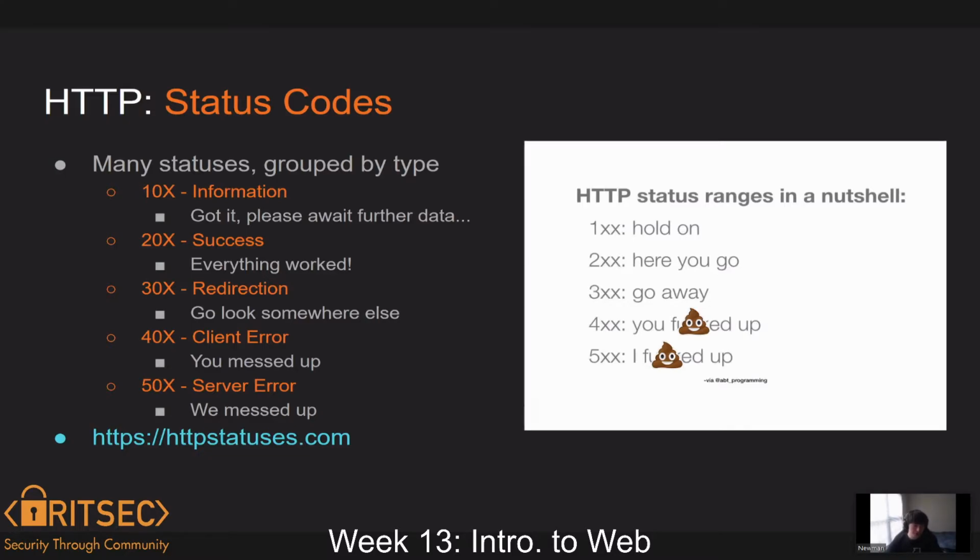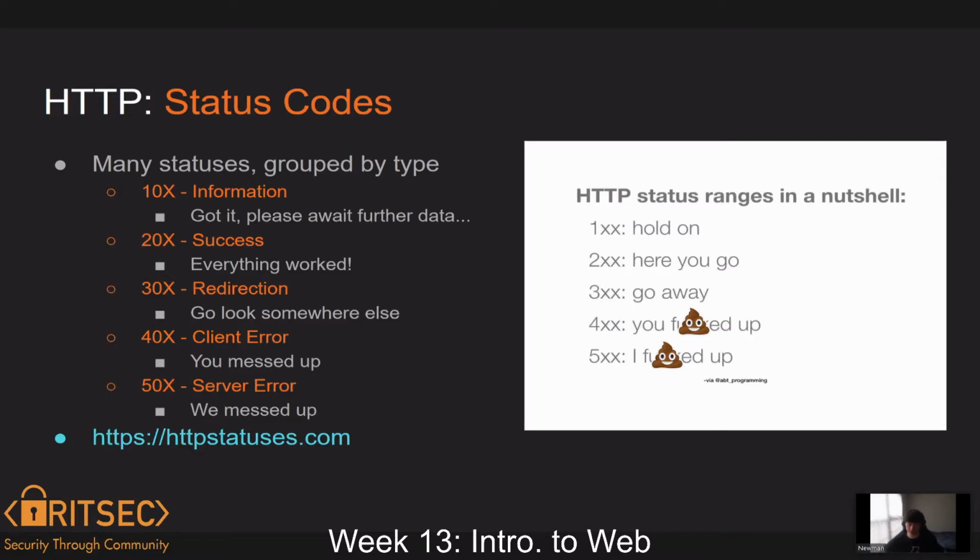The 300s are redirection, which means your client would have to handle that response and go send your request again somewhere else. This is commonly used, say, if you go to a website over HTTP, redirects can be used to send you over to the HTTPS, the encrypted version. That's a really common usage. 400 status codes mean there's a client error.